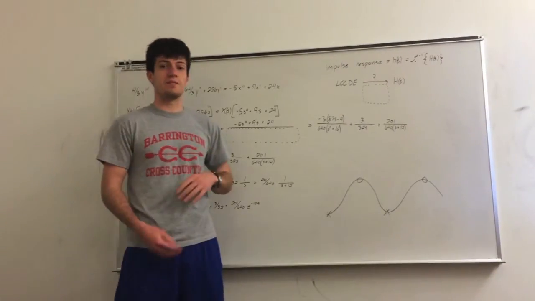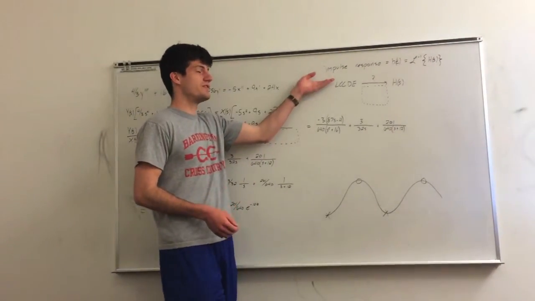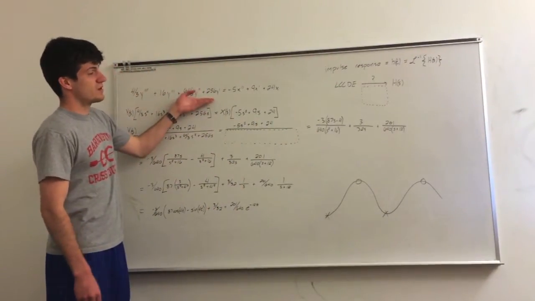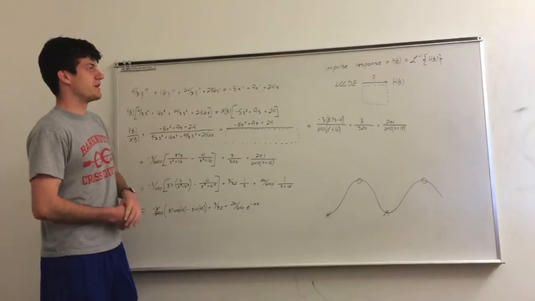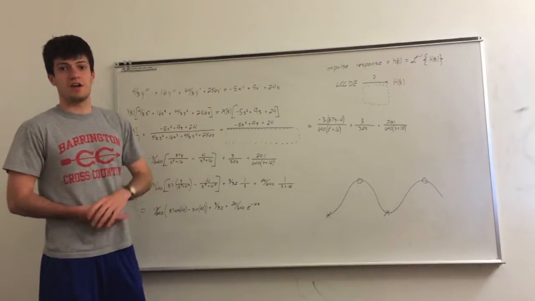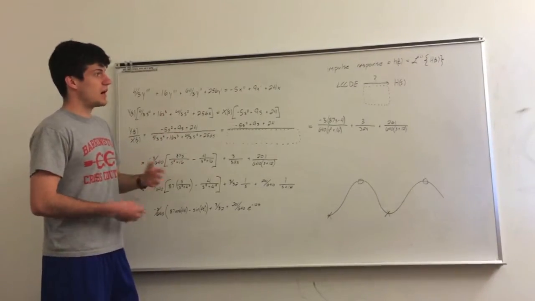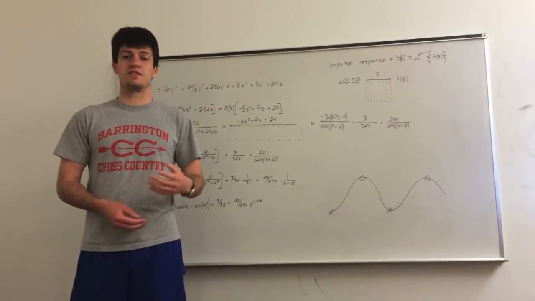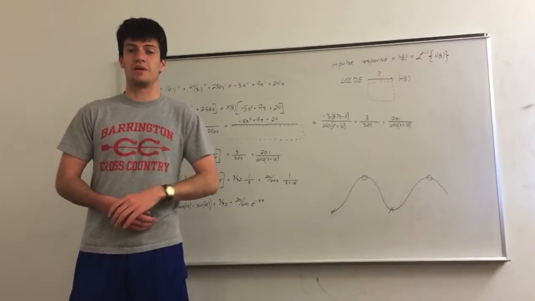We would like to calculate the impulse response, or h of t, of this equation. As you'll notice, this equation is extremely complex in the time domain and will require quite a vast knowledge of differential equations to solve. However, using Laplace, as Matt will now show you, simplifies the solution quite a bit.